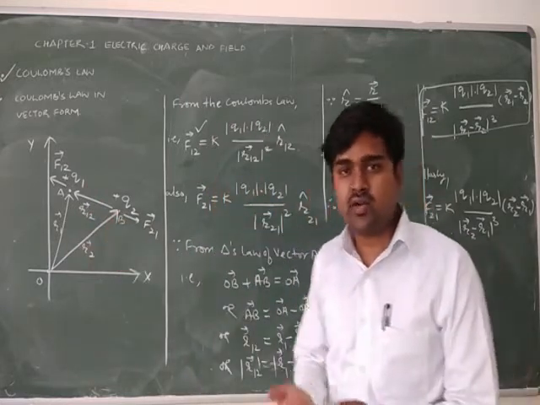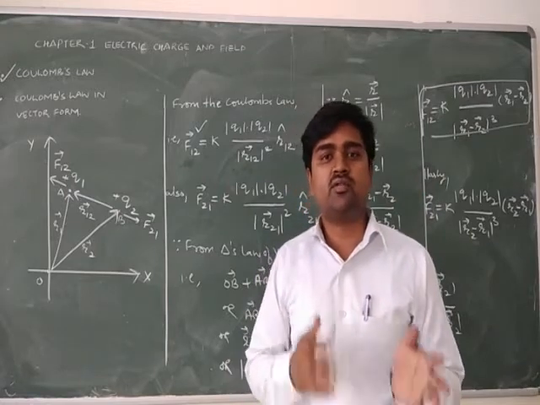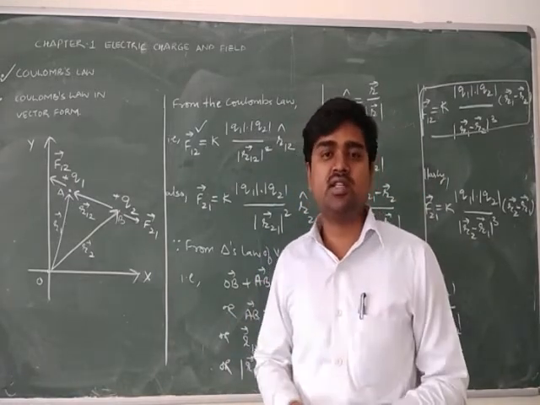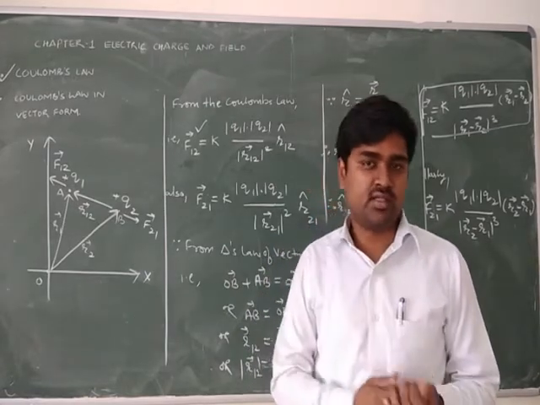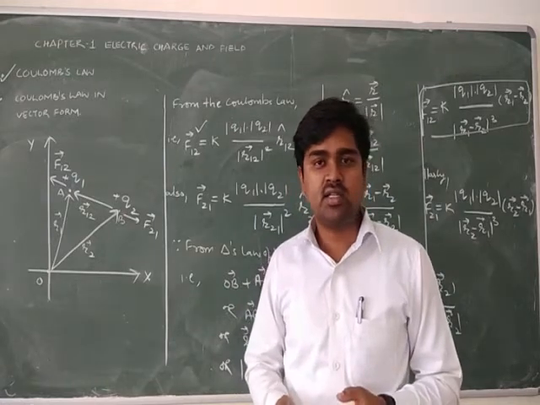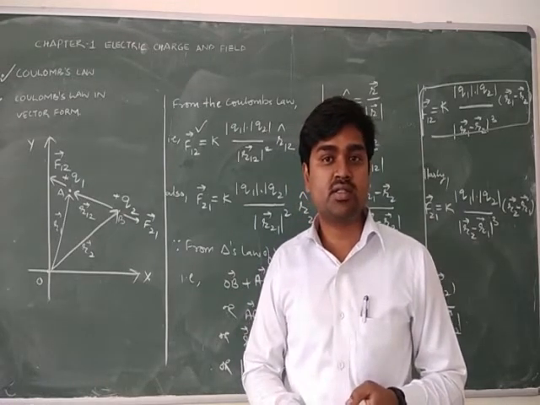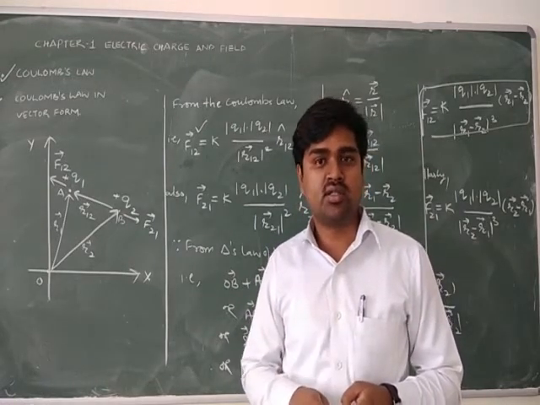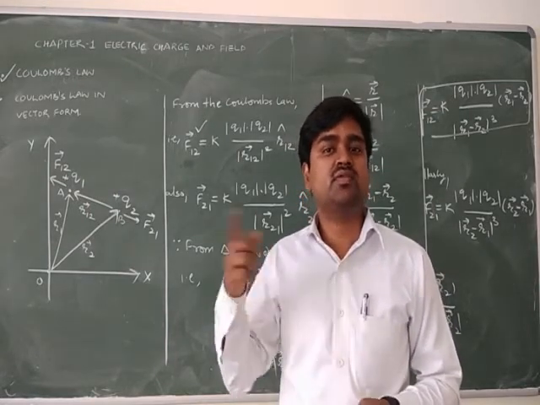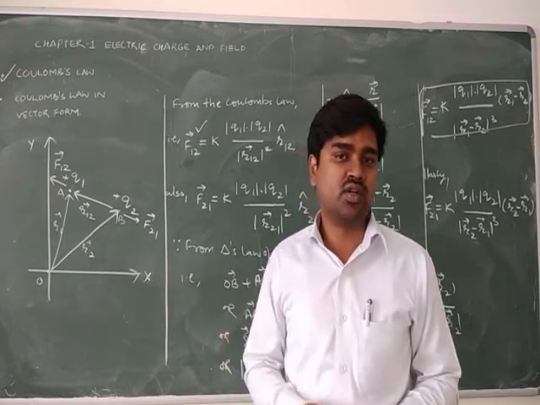What is the triangle's law of vector addition? In 11th class, we have already studied that triangle's law is used to find the resultant of two vectors, right? What was the triangle's law? According to the triangle's law, the resultant of two vectors which are in order as the two sides of a triangle is equal to the third side of that triangle which is in disorder.